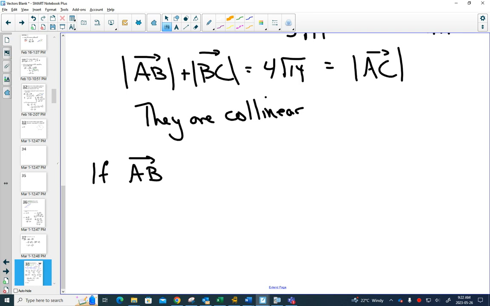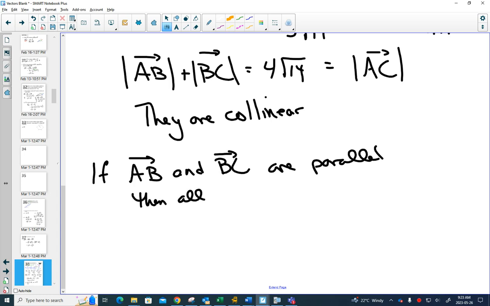Does it make sense that if AB and BC are parallel, then all 3 points are in a straight line? Does that make sense to you? Now in vectors, how do we show 2 things are parallel?